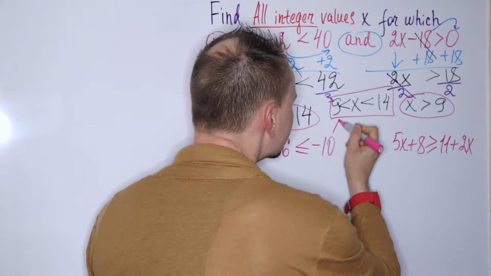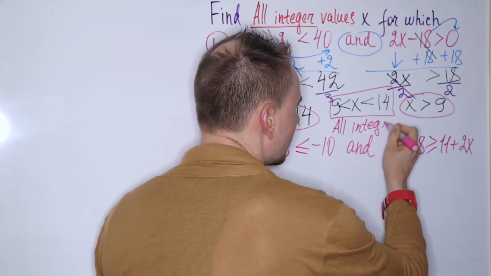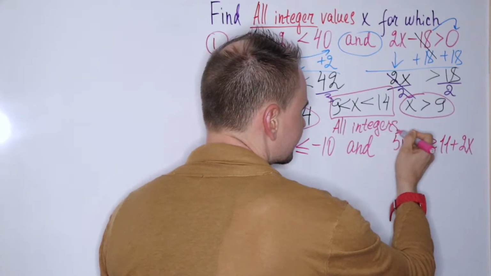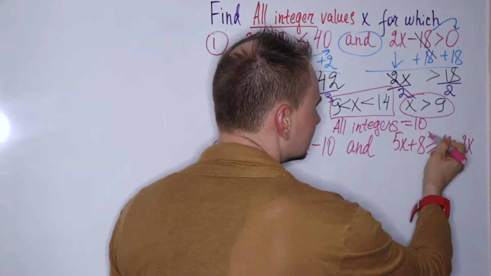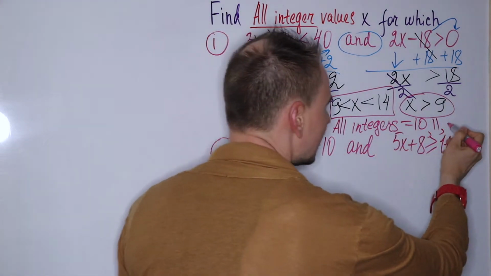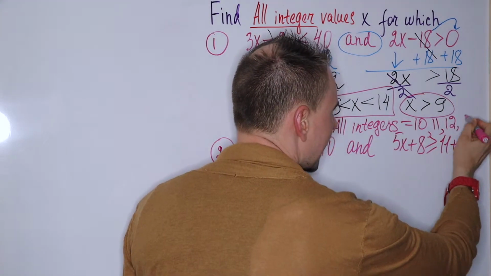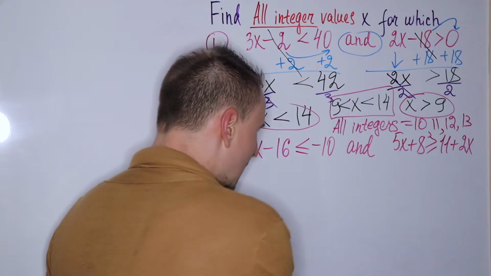So all integers that satisfy this compound inequality are, first of all, 10, 11, and we can list them out, 12 and 13. That's all.